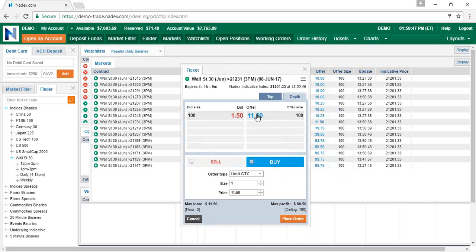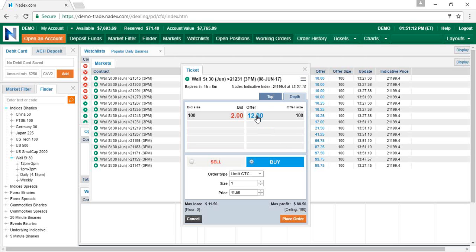But what am I buying? I'm saying that the market has to be above 21,231. Where's the market at right now? It's at 201. So it's got to move up quite a bit just to get to that strike price, right? We understand that. I'm paying so little for it.